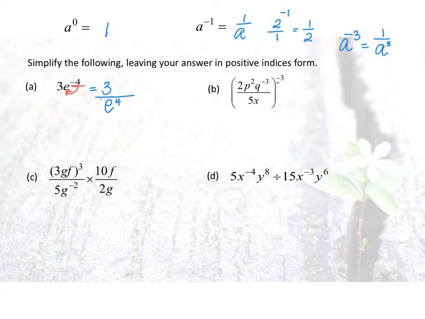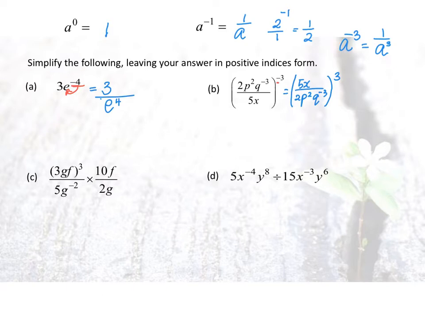So what do we do to the whole fraction? We will need to flip the whole fraction. And I will get 5x over 2p squared q to the power negative 3, holding. Now after we flip the fraction, the negative sign is gone, the power will become 3.